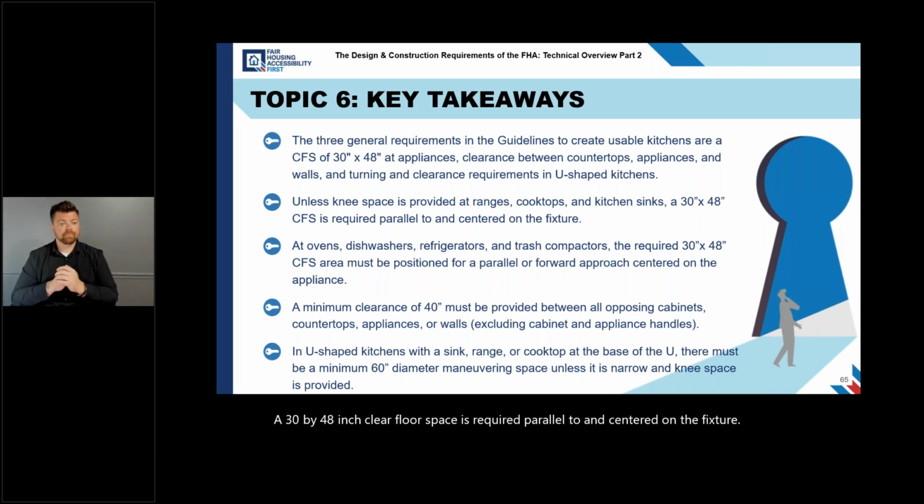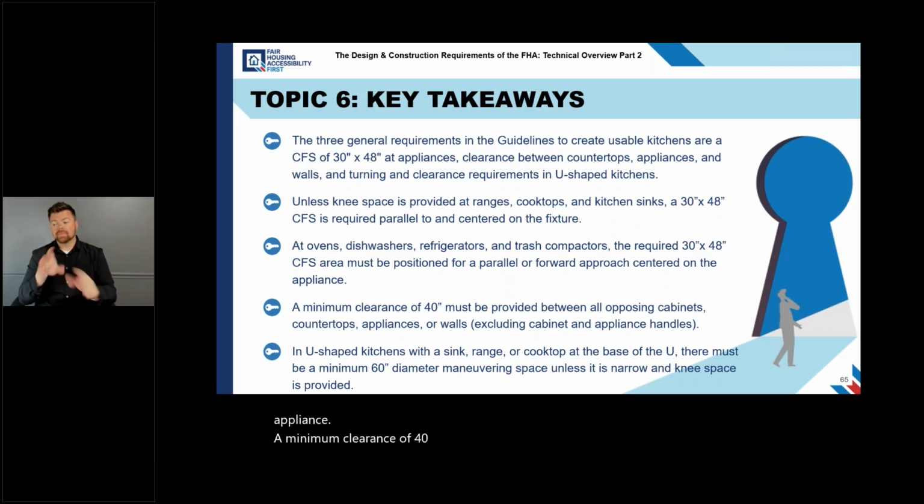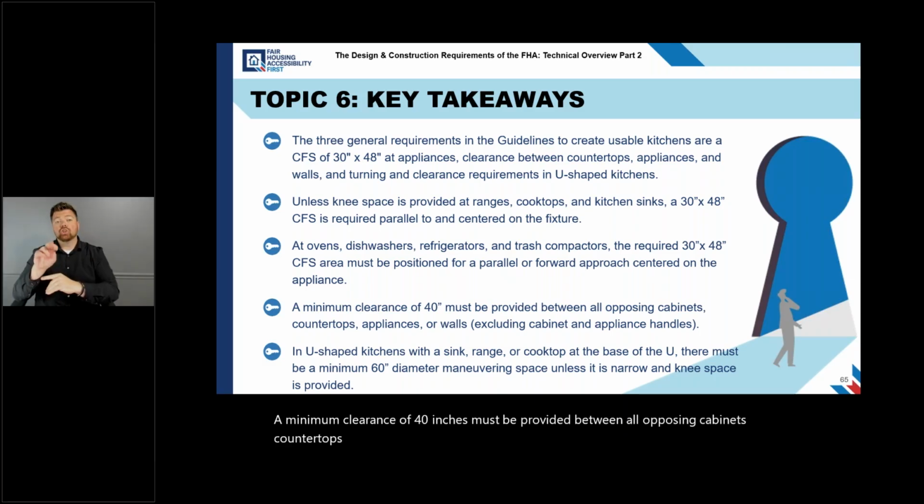At ovens, dishwashers, refrigerators, and trash compactors, the required 30 by 48-inch clear floor space area must be positioned for a parallel or forward approach centered on the appliance. A minimum clearance of 40 inches must be provided between all opposing cabinets, countertops, appliances, or walls, and this does not include cabinet and appliance handles.